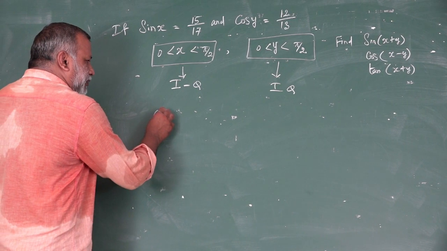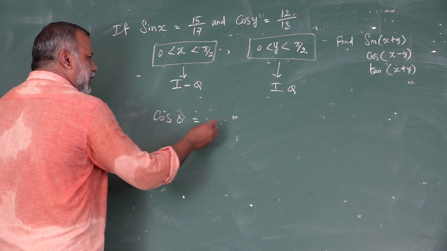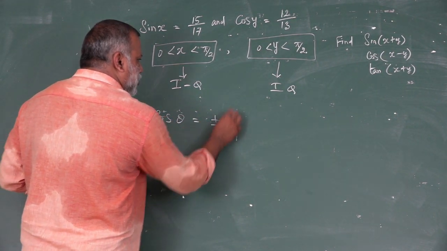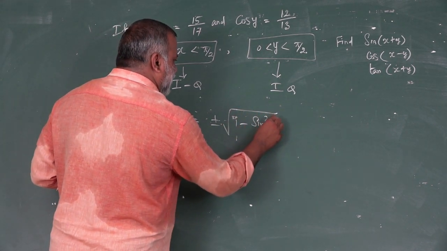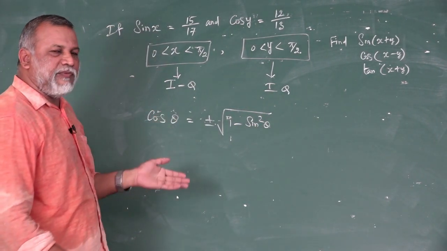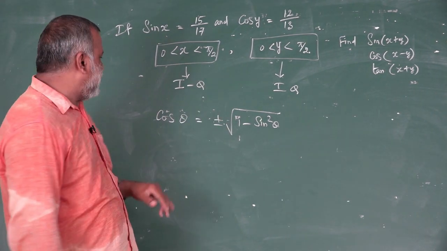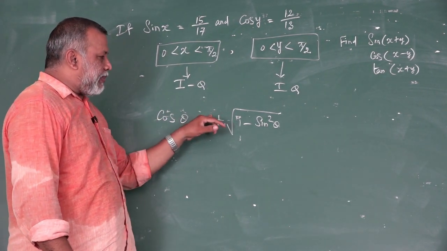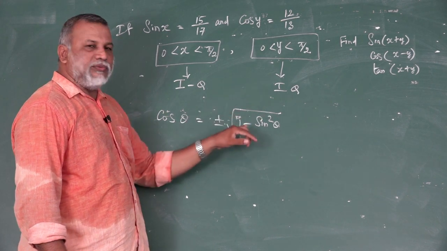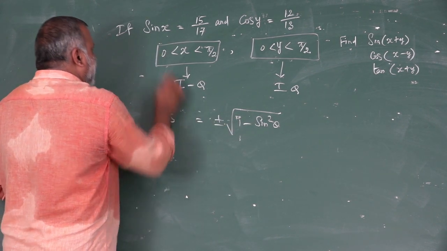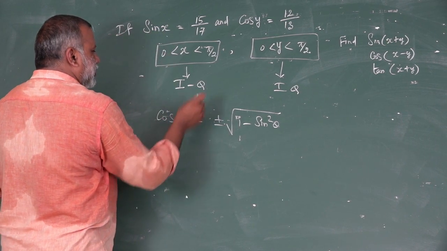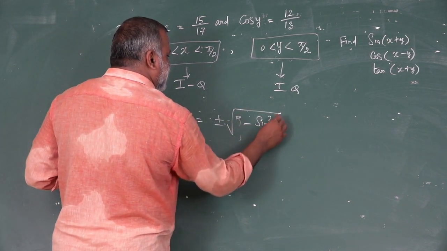We have the formula cos theta is equal to plus or minus square root of 1 minus sin squared theta. This is the basic formula from your identities. Instead of theta, I am replacing x.